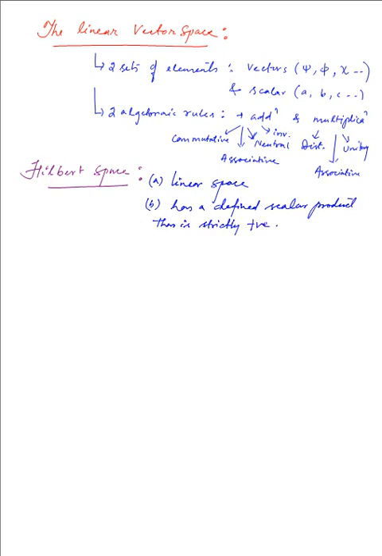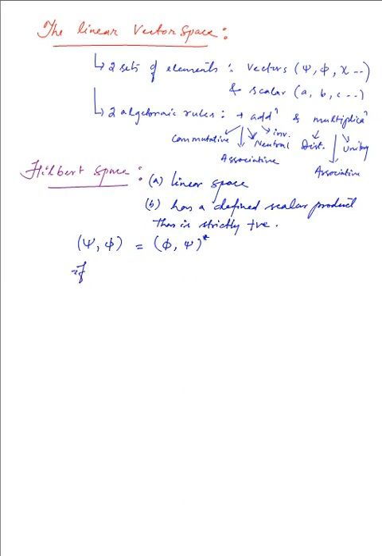Now, the scalar product of, say, psi and phi is equal to the complex conjugate of phi and psi. The scalar product of phi with psi is linear with respect to the second factor.